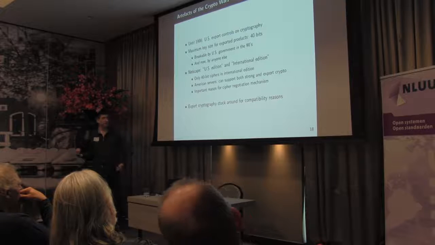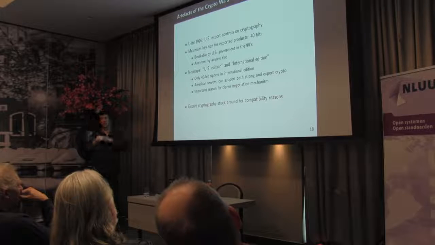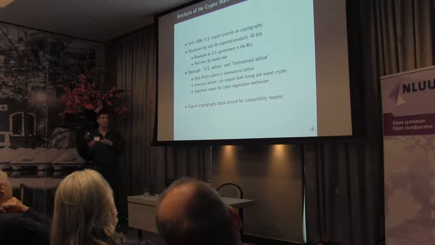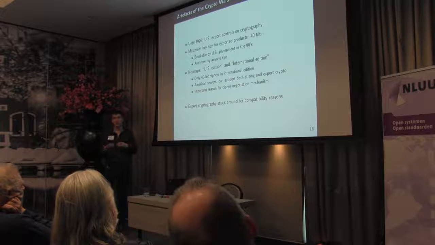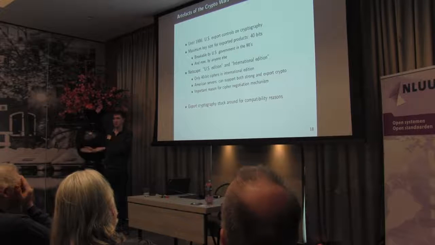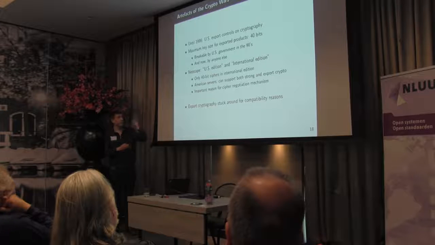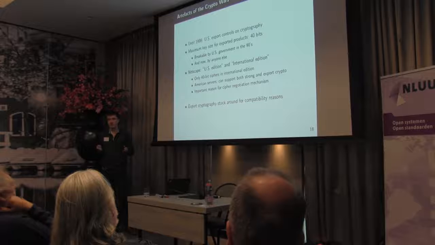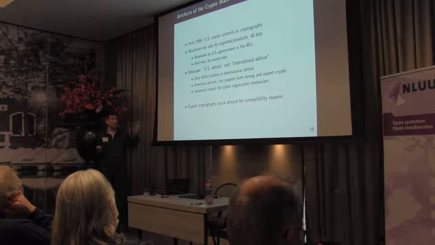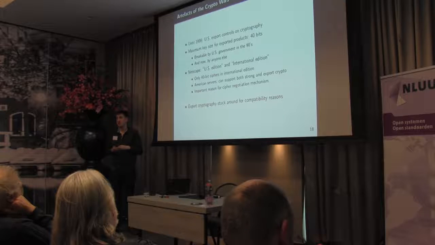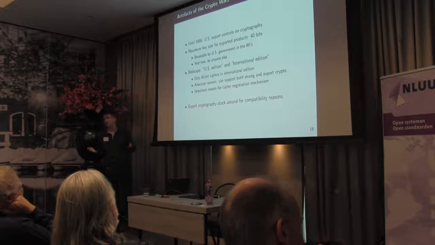So what they did, they implemented the cipher negotiation mechanism to make sure that the European browsers would use the weak ciphers and the American browsers would use the strong ciphers. And after the export restrictions got lifted in 1996, the export cryptography still stuck around because people didn't want to break compatibility.